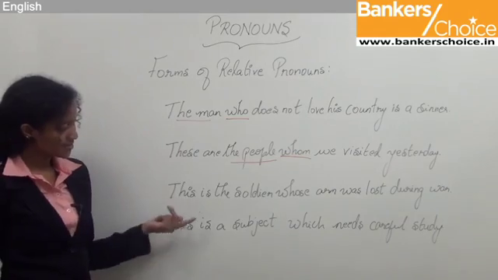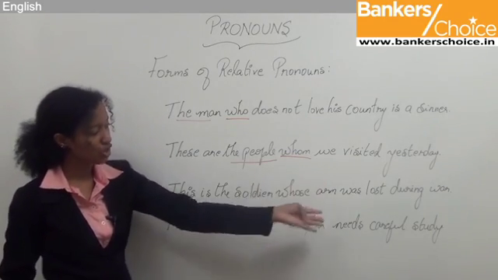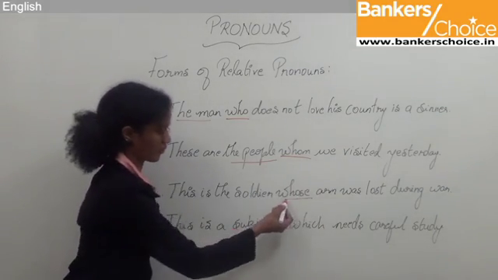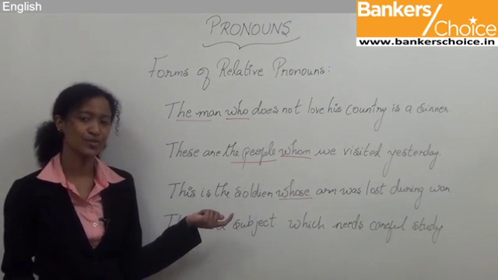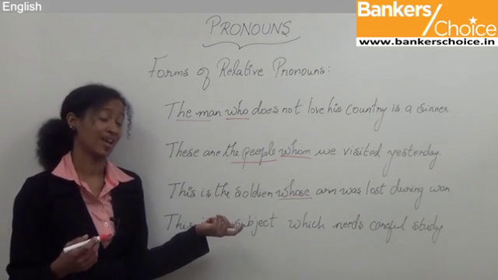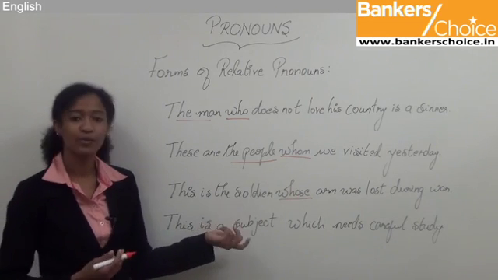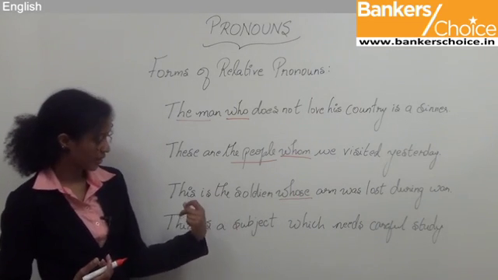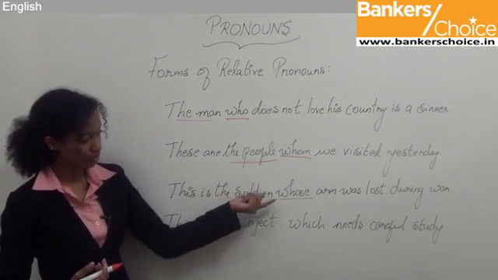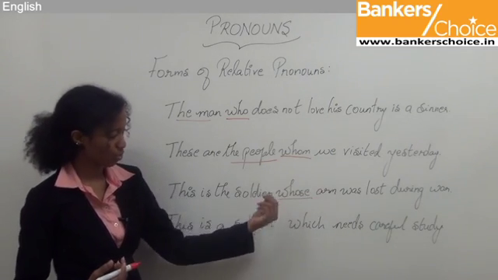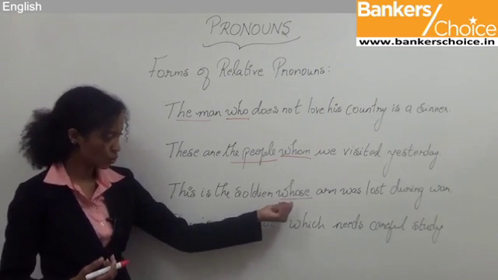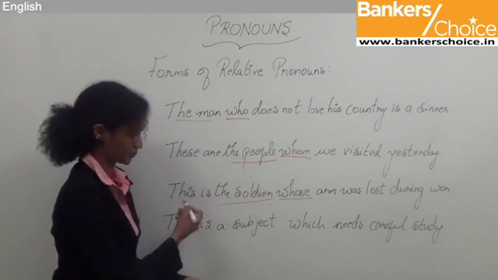The third one: this is the soldier whose arm was lost during war. Whose is a pronoun used for persons and things, and it expresses possession. So whose? The soldier's arm.